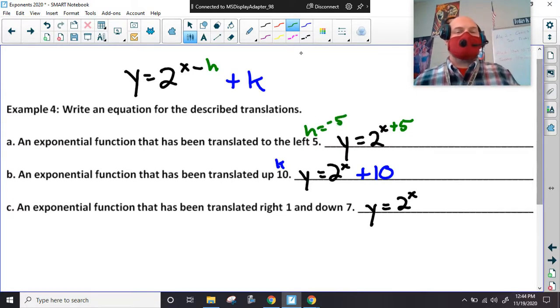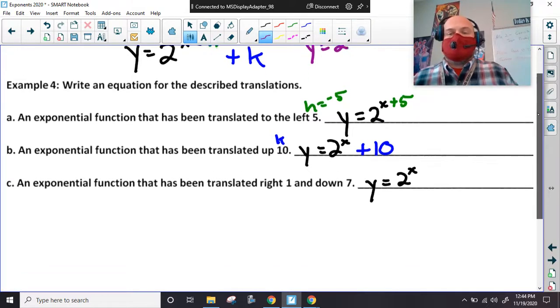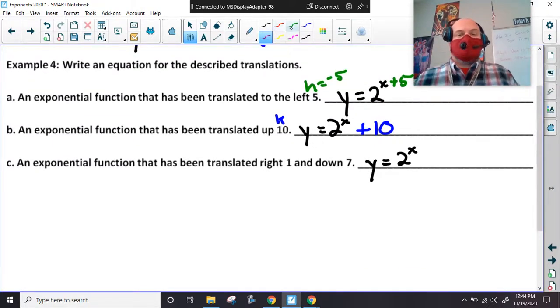So if I plug in this would be y equals 2x to the minus -5. Well, what's minus negative? Yeah, it just changes the sign. And the h thing is the one that people have the hardest time with. It's in the exponent because that's where it's supposed to be. Okay. All right.